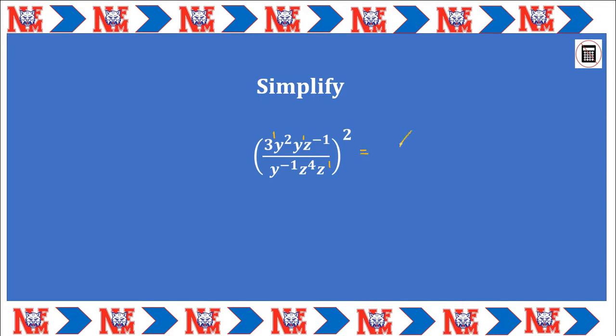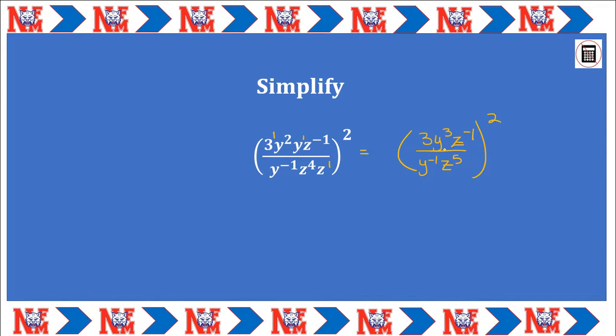So if we begin, we have 3, and then we can combine y to the second times y to the first, that's y to the 3rd, z to the negative 1, and then in our denominator, we can combine the z's. I still have y to the negative 1 right now, and z to the 4th times z to the 1st. We're going to use the product rule again.